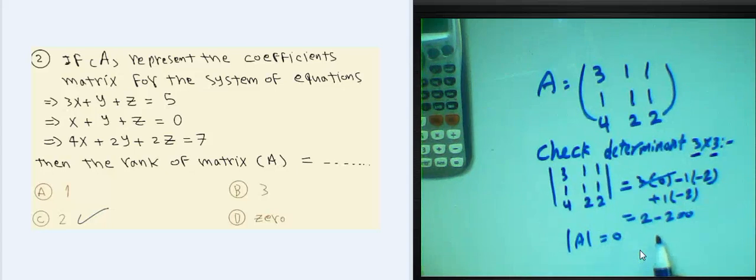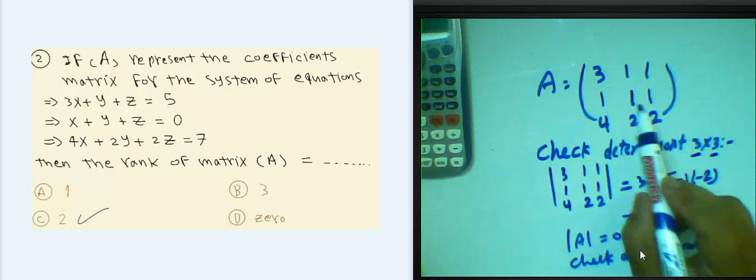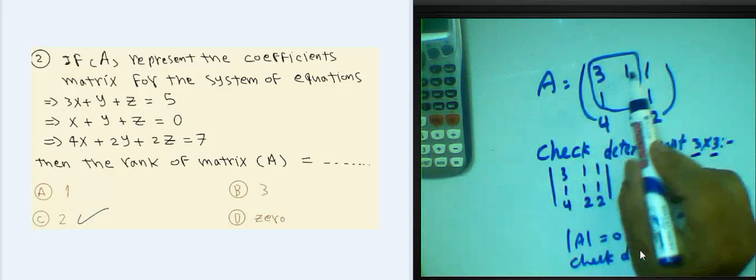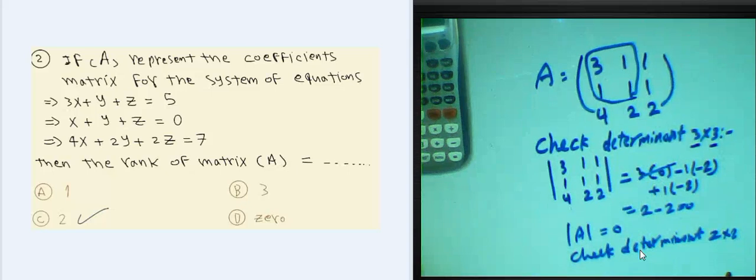Check the 2 by 2 determinant. In the next step we must check the 2 by 2 determinant. Choose 3 and 1 and 1 and 1, and we can find the matrix. 3 and 1 and 1 and 1, it will be not equal 0.